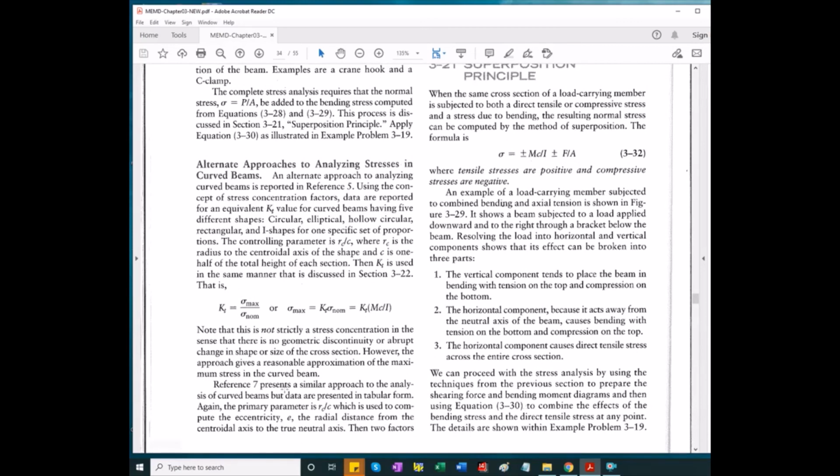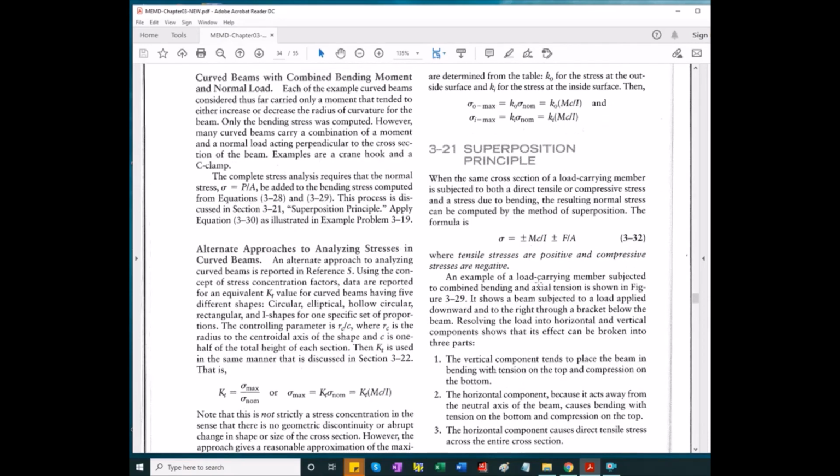The alternative approach is this. Other sources, other books, consider a curved beam as having stress concentrators. I'm familiar with one of those books, and they use charts to give you a coefficient, equivalent to a stress concentration factor, from which we extracted.